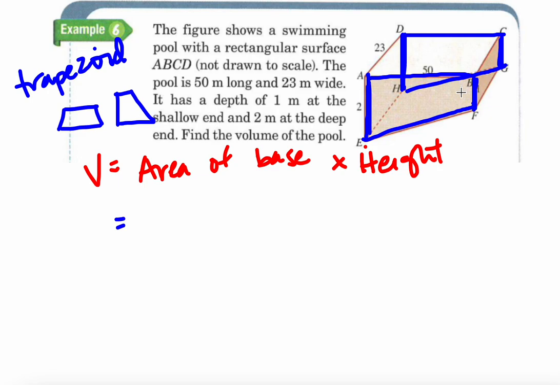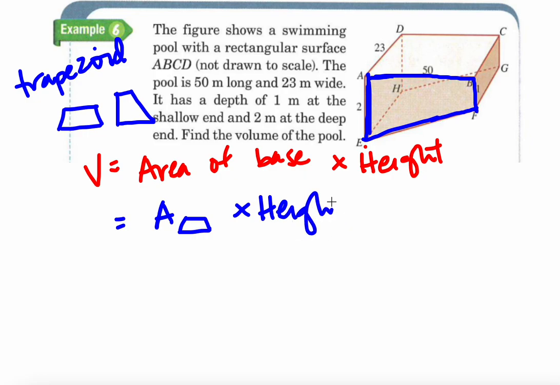So our height is going to be one of these numbers on the side here. All right, let me erase some of this stuff so that I can see my numbers. So I have this trapezoid for my base shape. The area of a trapezoid times the height of the entire prism.